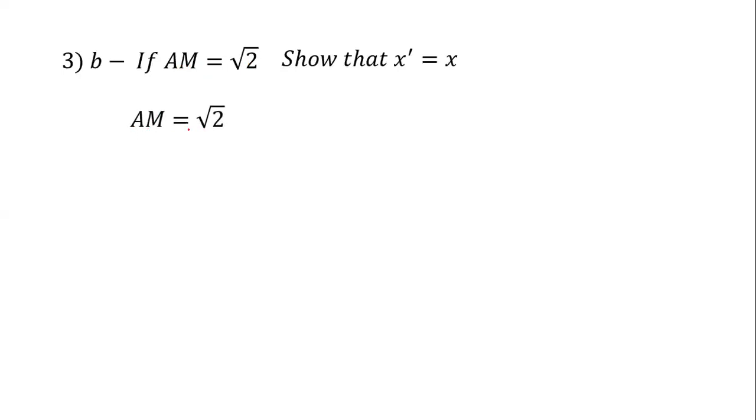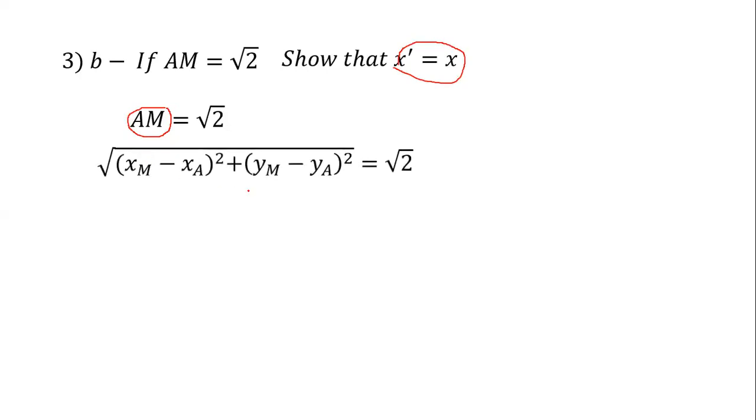So look carefully at the following given and know how to use it in a way that helps to prove that x prime is equal to x. AM is equal to radical 2. This means the distance between points A and M is equal to radical 2. Apply the rule of the distance between 2 points.